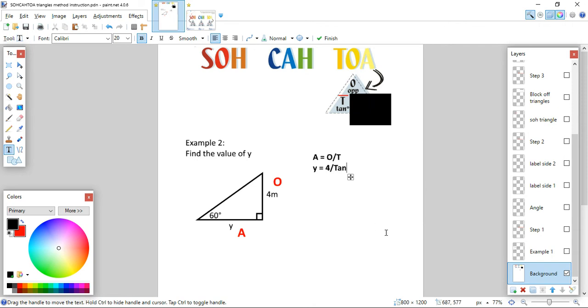So tan, our reference angle there is 60 degrees. So I'll put that on my calculator. I get 2.3, and meters is our unit of measurement.